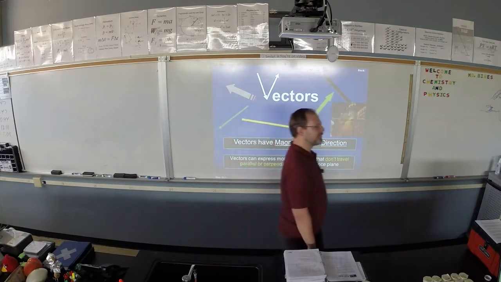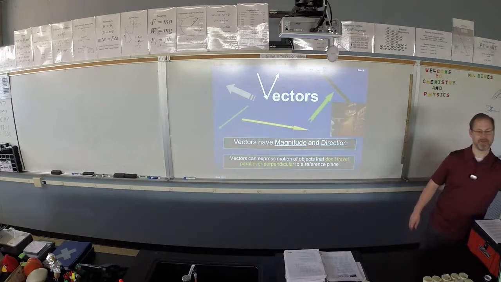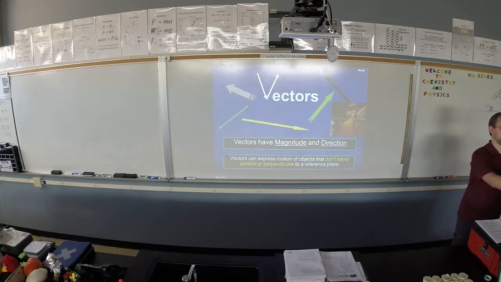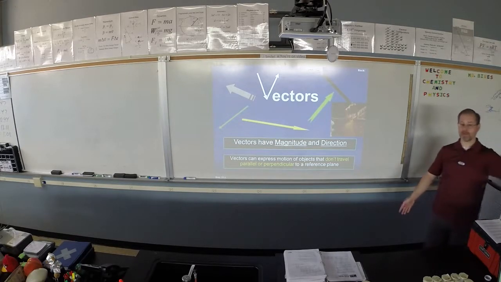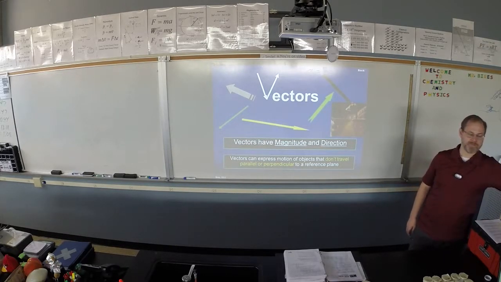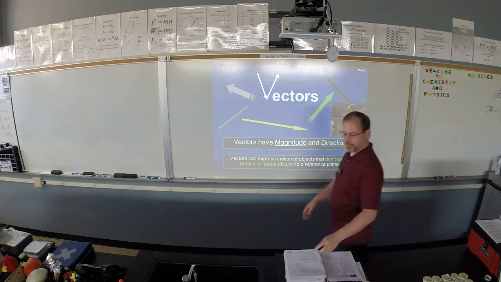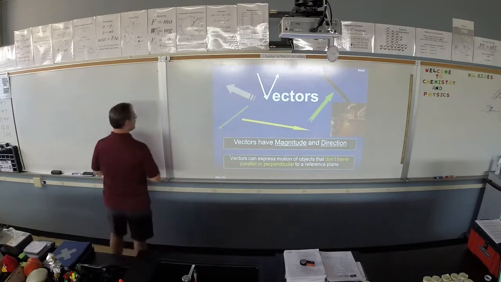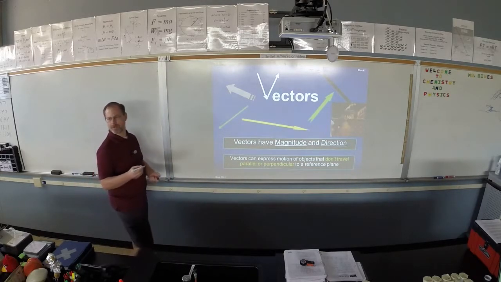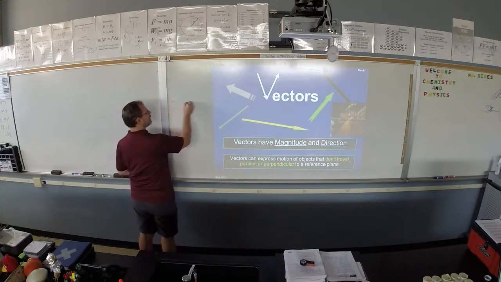Okay, any questions about vectors before we jump right in? Believe it or not, you've been using vectors for probably about 10 years now, and you just didn't realize it. Remember the first way you used vectors? Back in like second grade, where you had a number line, and your number line was like, this is +5, and then this one is -3.